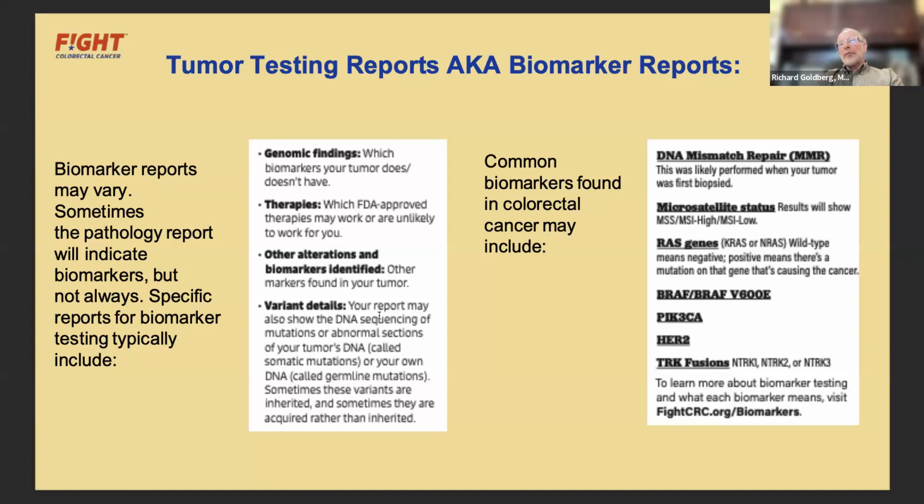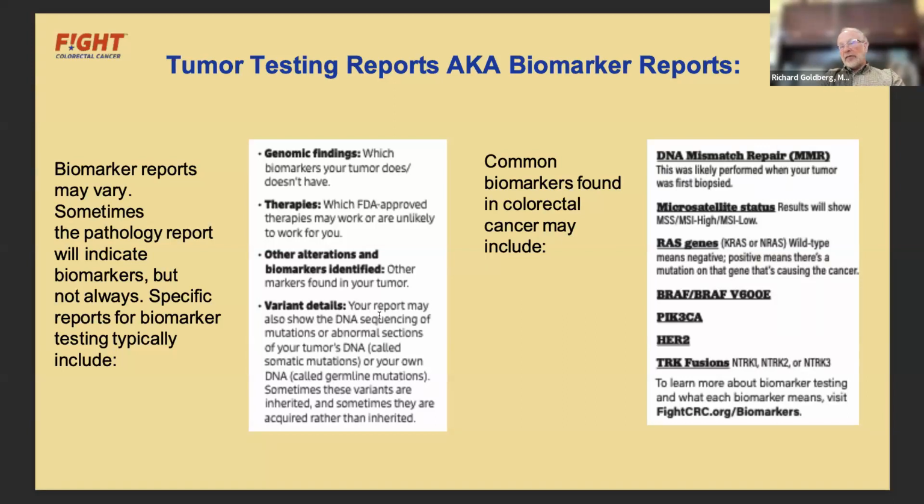And we know from multiple studies that if there's a RAS gene mutation present in a tumor, those tumors don't respond to those drugs. And you don't want to treat somebody with a drug that you can predict ahead of time isn't going to work for them because these drugs do have side effects.